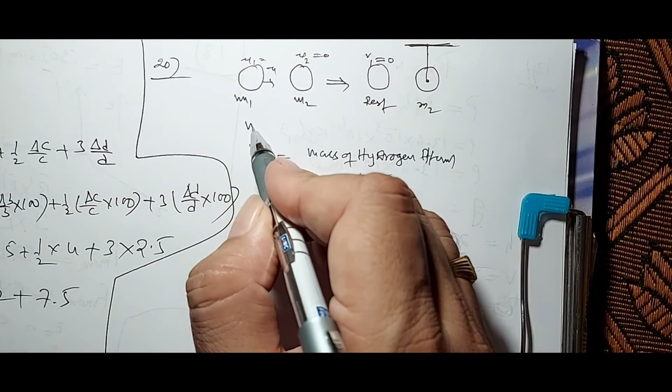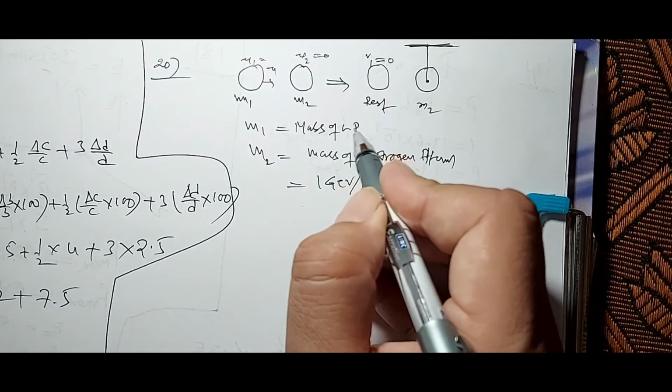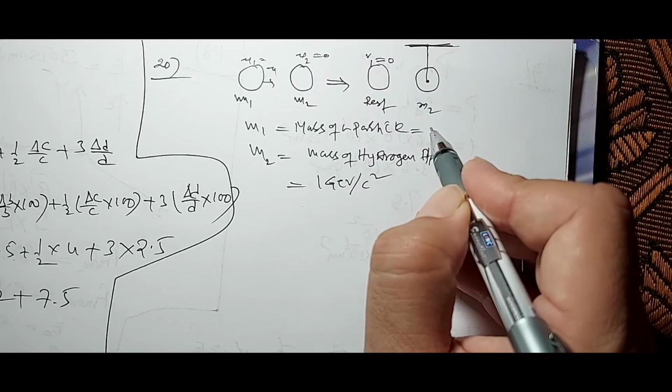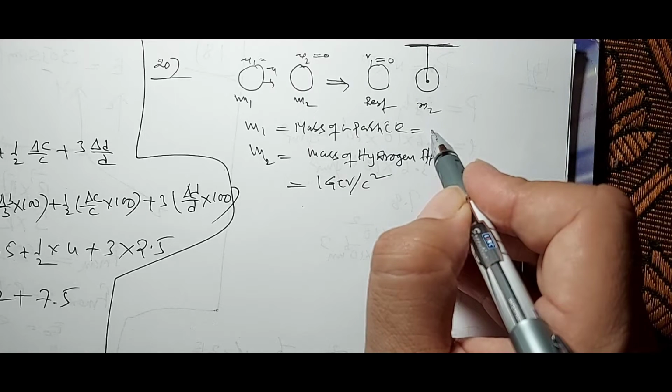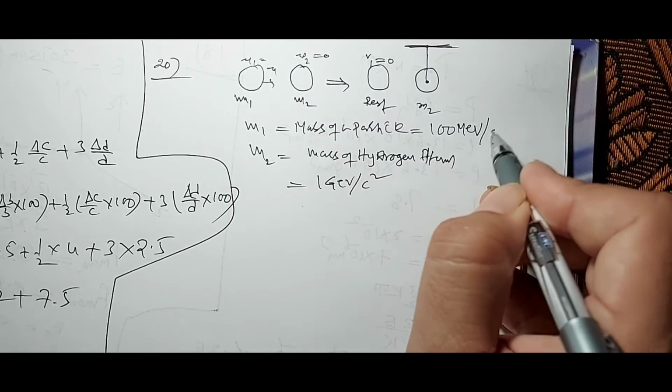Here m1 is the mass of the particle, that is equal to how much here? 100 million electron volt per c square.